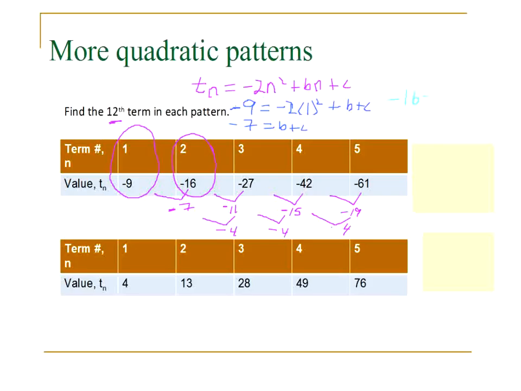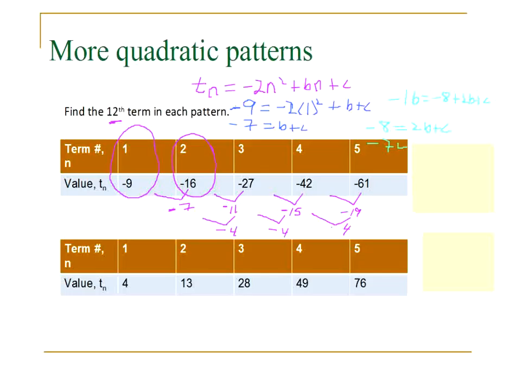I can plug in negative 16, and that's when n equals 2. So 2 squared would be 4 minus 2 is negative 8 plus 2b plus c. Add 8 to both sides, I get negative 8 equals 2b plus c.